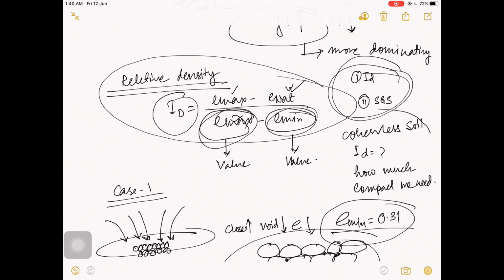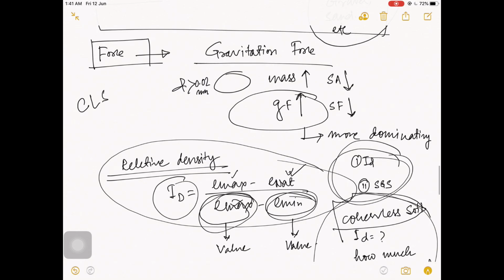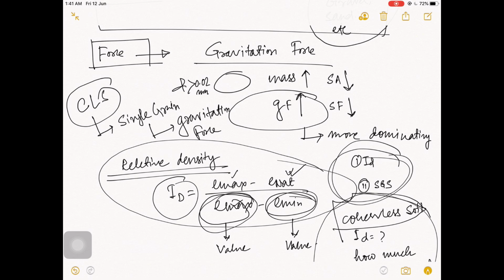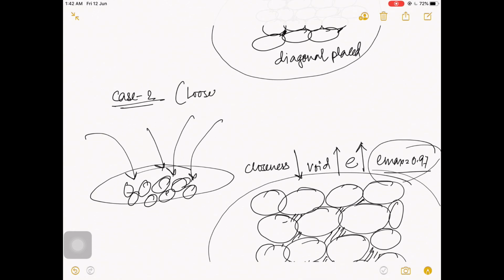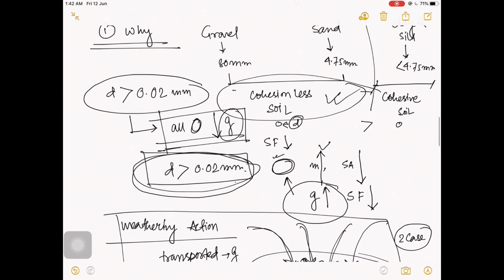And all this happens because cohesionless soils are single grain, where gravitational force acts. If surface force were acting, then there would be some other thing. And one more thing I discuss last: case 1 is the dense state and case 2 is the loosest state. That's it from my side.